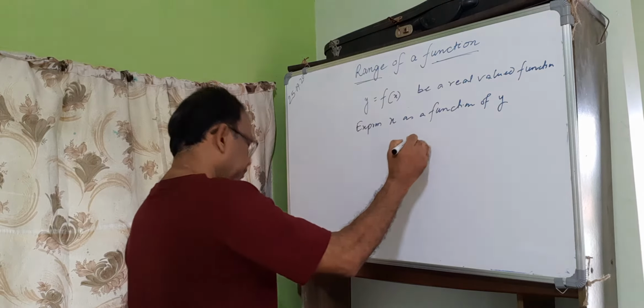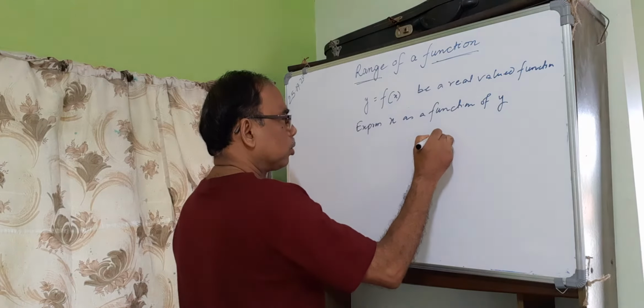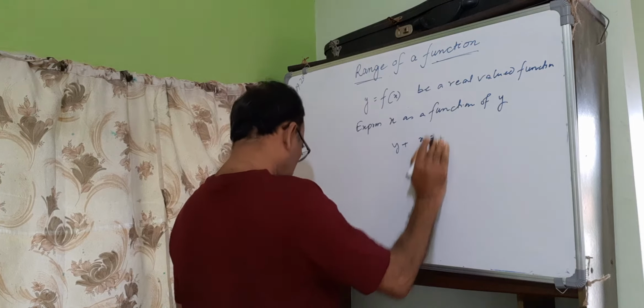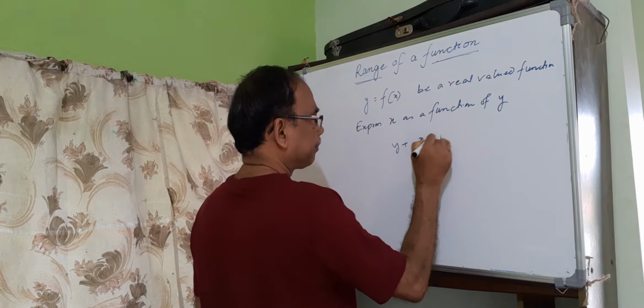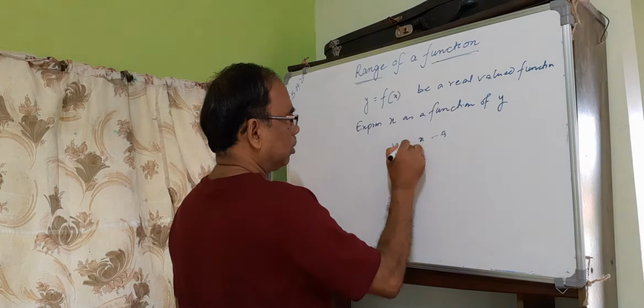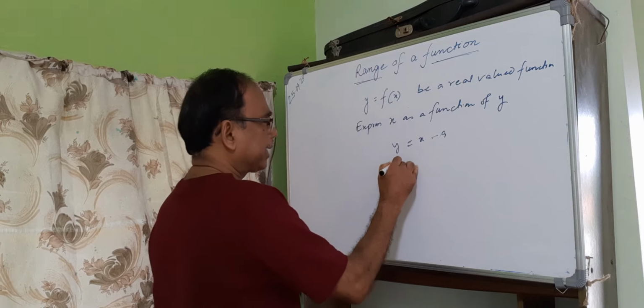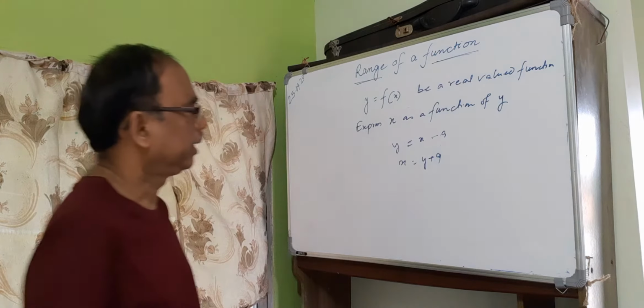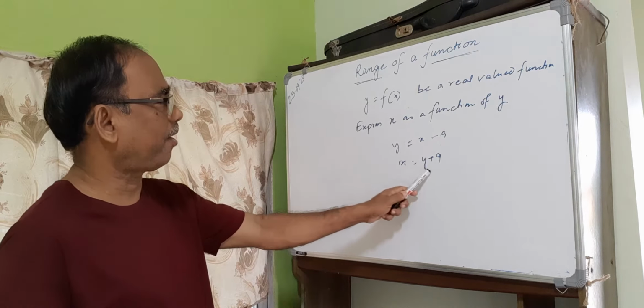Suppose you are given y equals x minus 9. This is y equals f(x). Then you have to take x equals y plus 9. Express x as a function of y.